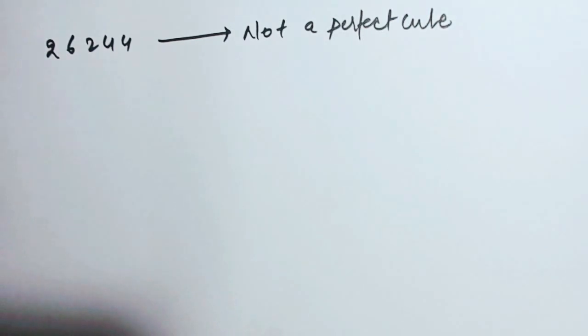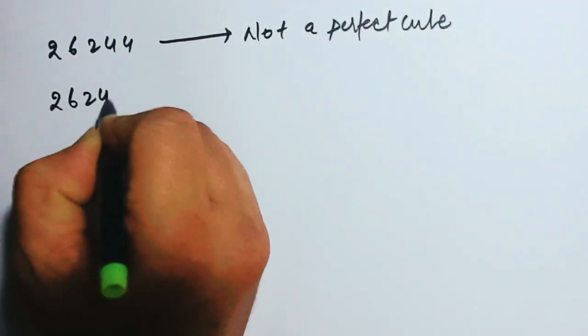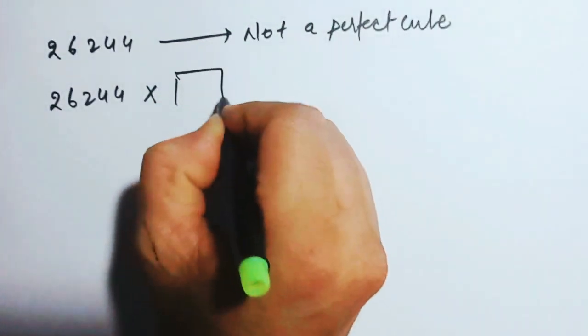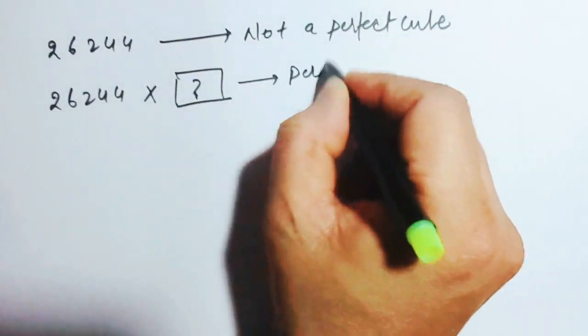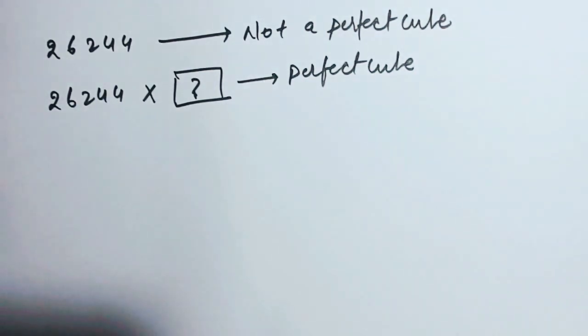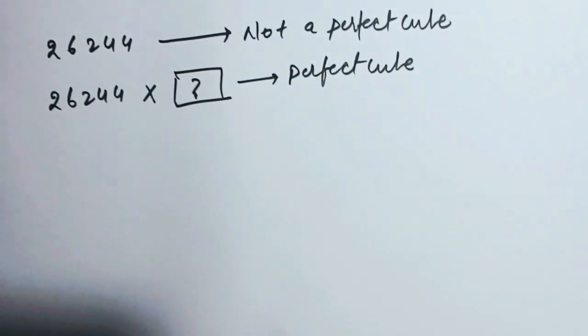Now they will ask you by which particular number 26244 should be multiplied so that it becomes a perfect cube. Previously they had given you division, now they might ask you to multiply, by the least number, or you can say very big numbers.